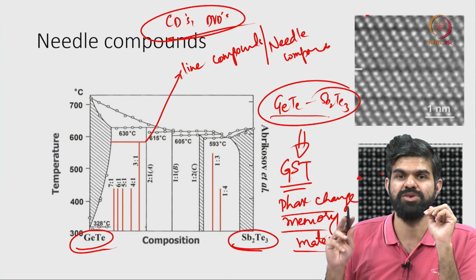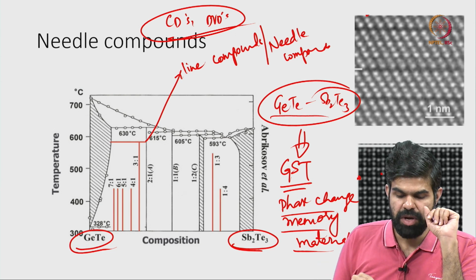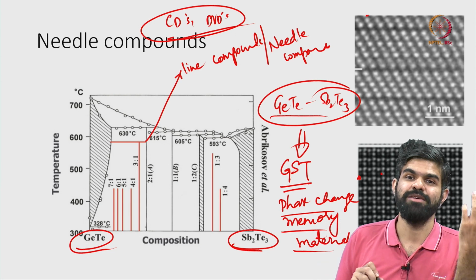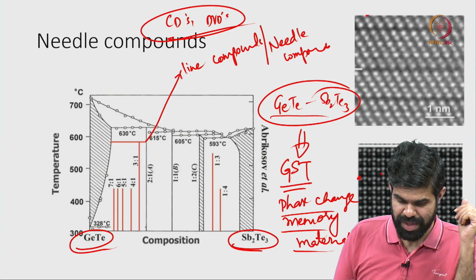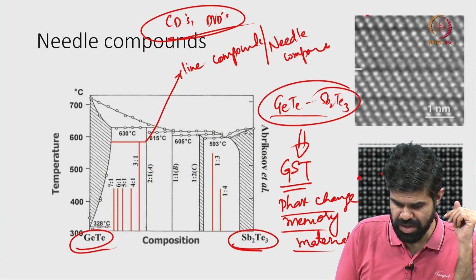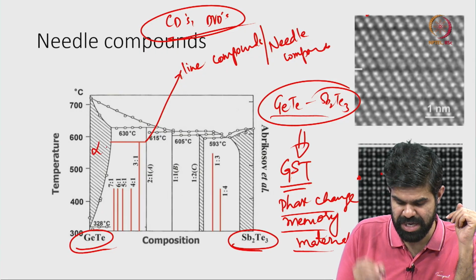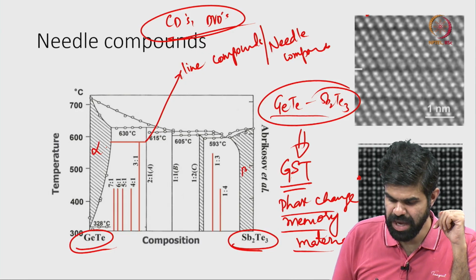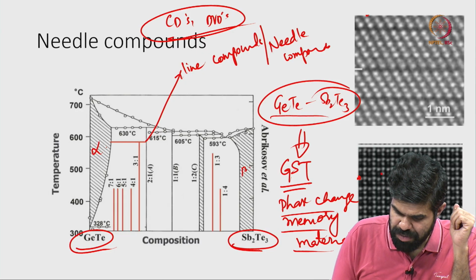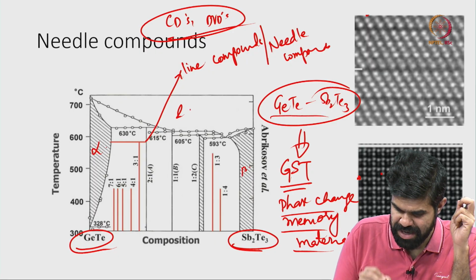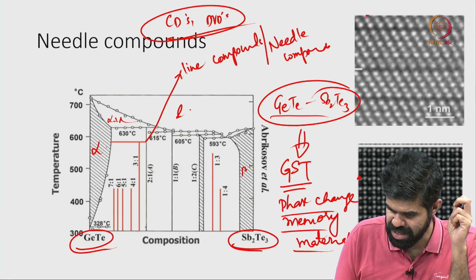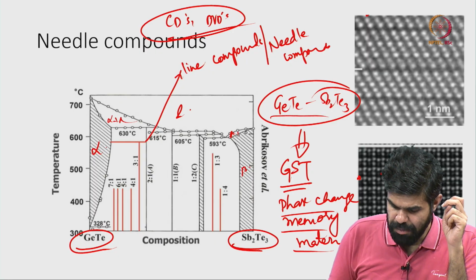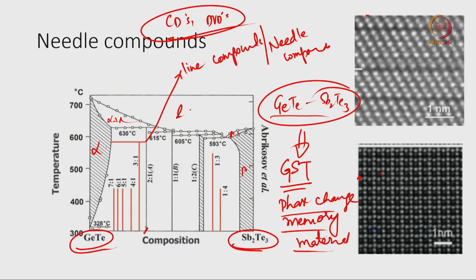So, GeTe Sb2Te3. It is a technologically important phase diagram. Now, you can see that there is some alpha phase of GeTe here, and let us say this is the beta phase. Between alpha and this is the liquid phase. So, this is alpha plus liquid, this is beta plus liquid and so on, but at various compositions.